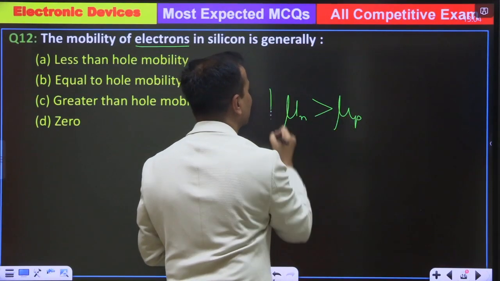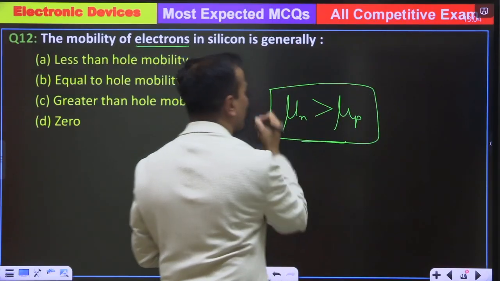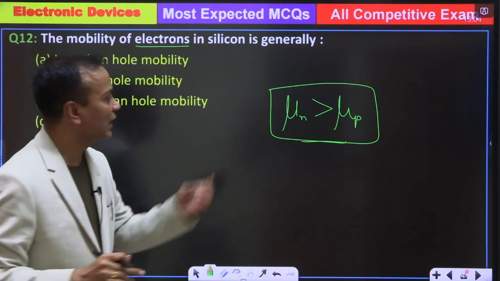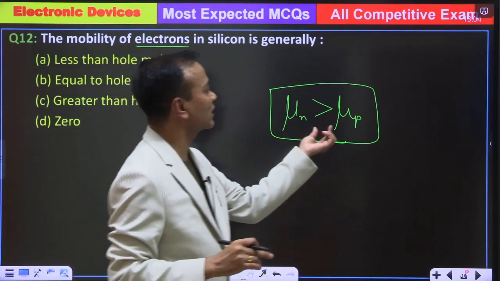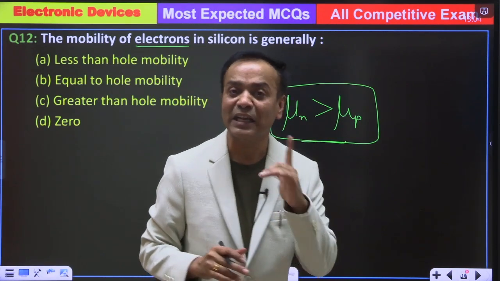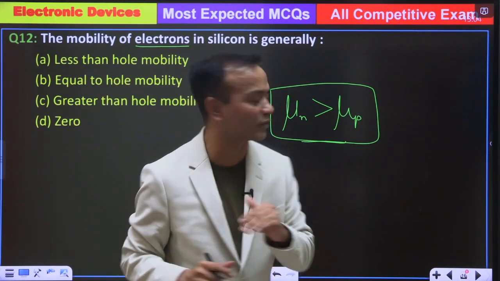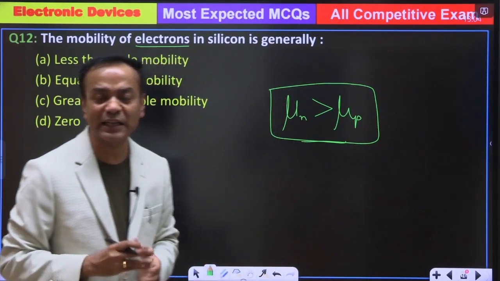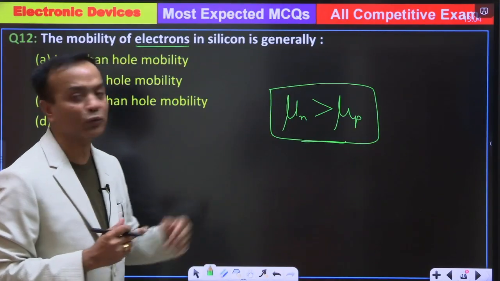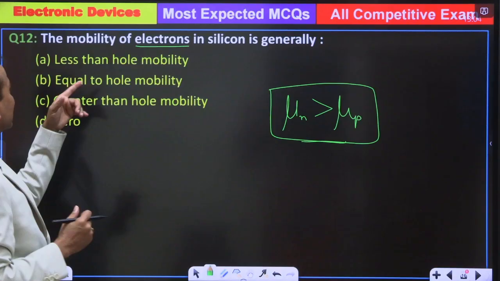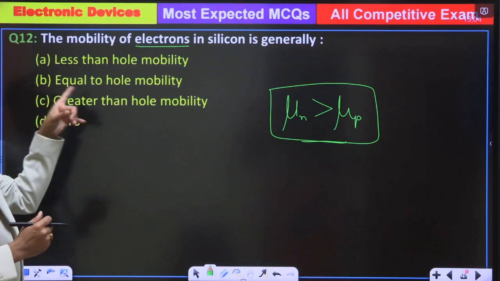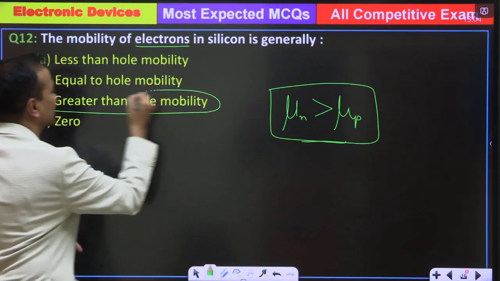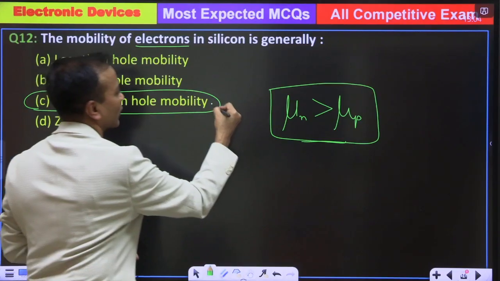The reason is that the effective mass of the electron is lighter compared to the effective mass of holes, and mobility is inversely proportional to the effective mass. So the mobility of the electron is much higher than the mobility of the hole. Here they ask: mobility of electron is greater than hole mobility. So option C is the right answer.